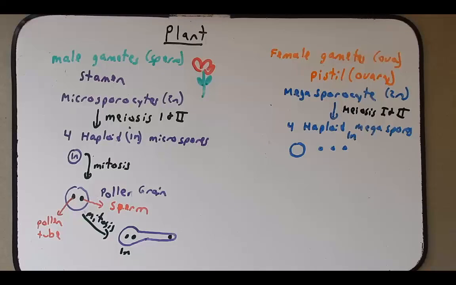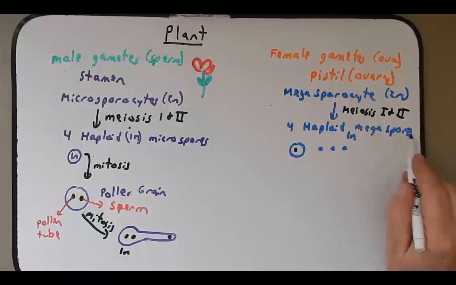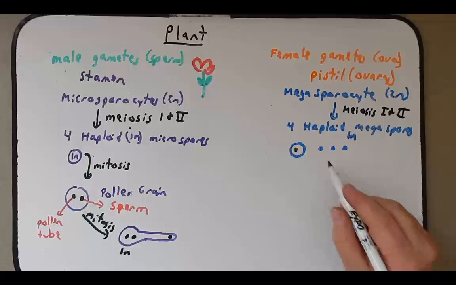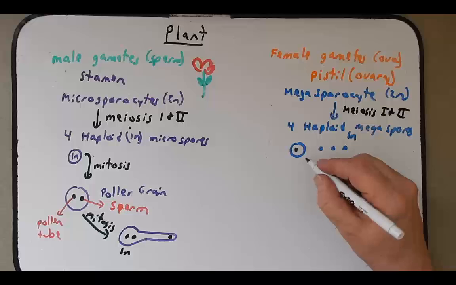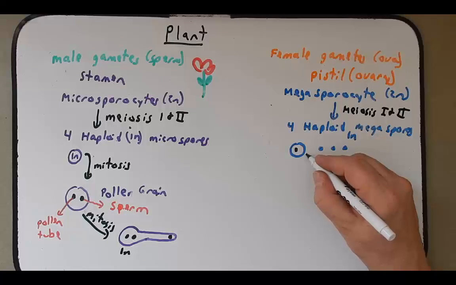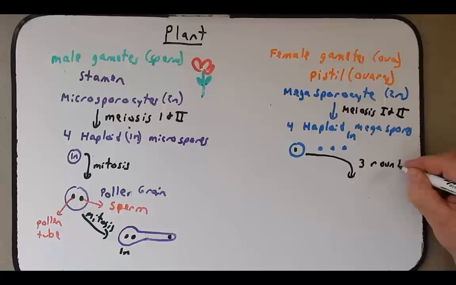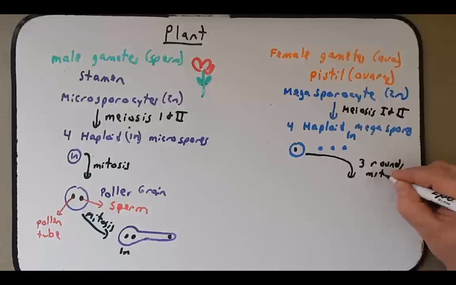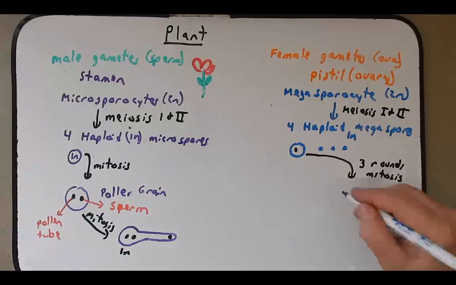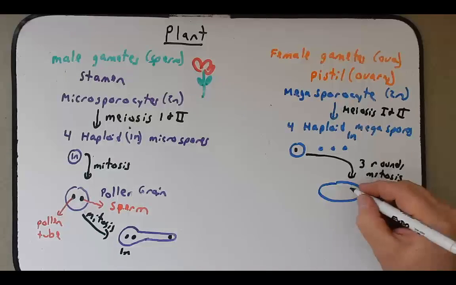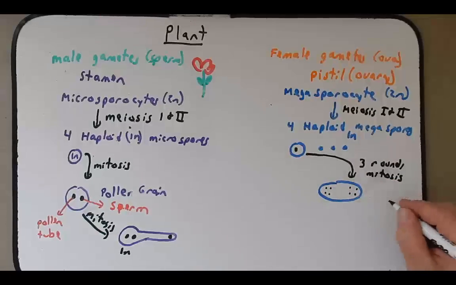So we end up with just this 1 haploid megaspore that can be used in the next steps. Now what this will do, and this is where we start departing from animals, it will undergo 3 rounds of mitosis that will result in a cell that contains 8 haploid nuclei.